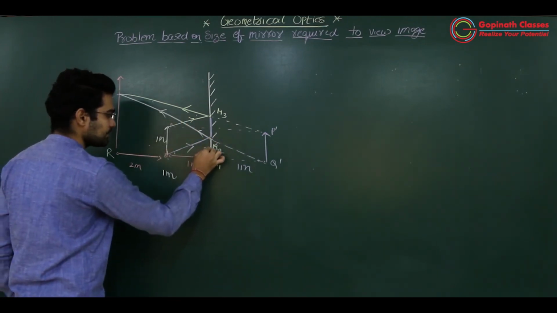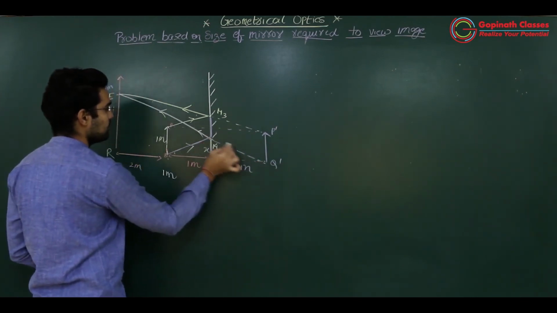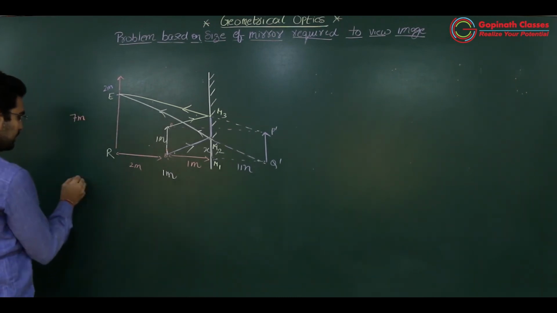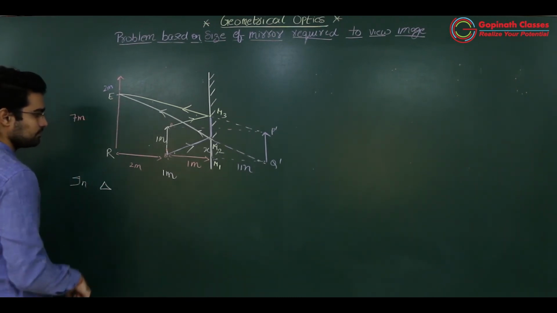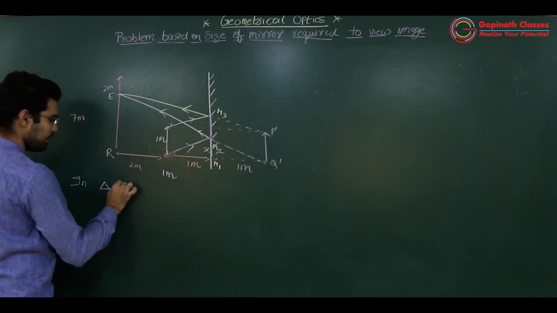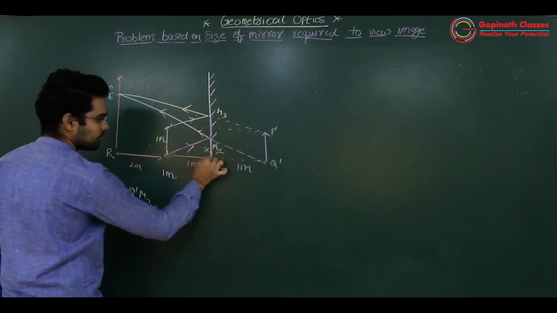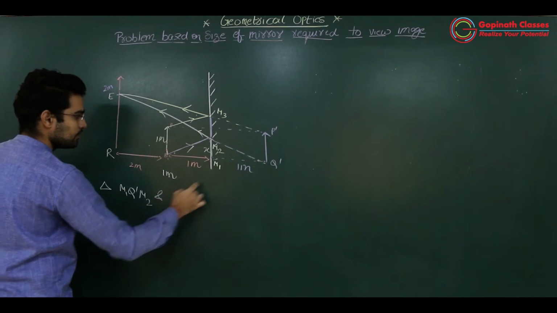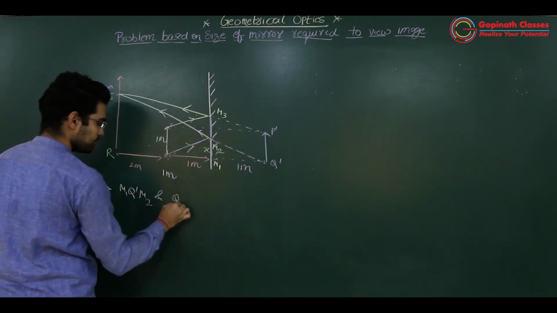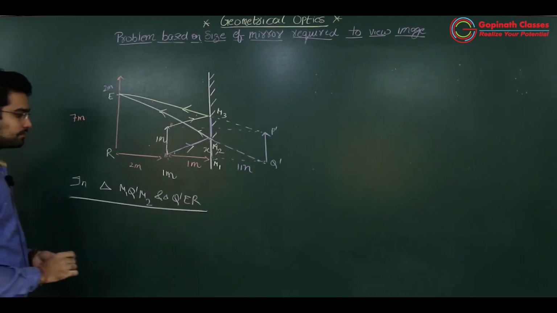I am just saying this is X. Again we can say this small triangle and the bigger one both are similar. In triangle M1 Q dash M2, this is the small one, and Q dash E R, both are similar.